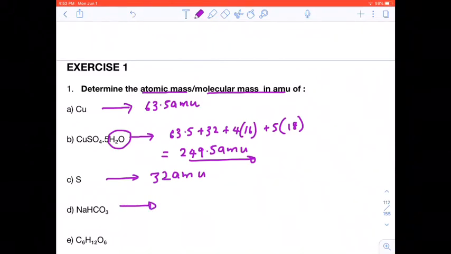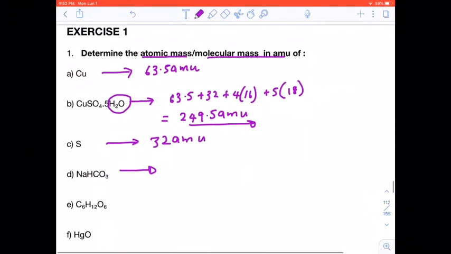Let's look at sodium hydrogen carbonate. If we look at sodium hydrogen carbonate, we know the sodium hydrogen carbonate is Na, H, plus we know it's 1 C, and we know we got 3 oxygens. Isn't it so?